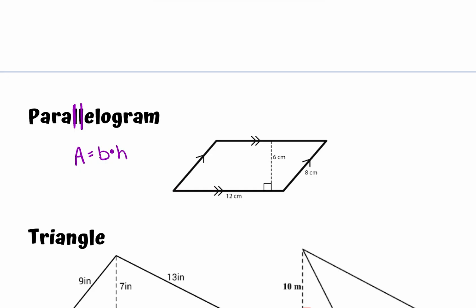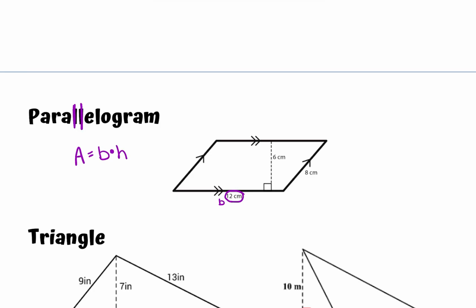Notice they're next to each other, so that is an invisible multiplication sign. So base times height. Now let's look at this shape, and I need a base and I need a height. Base is always going to be on the bottom, base bottom. So that would be my 12 down here. That is my base. 12 would be the base, okay?